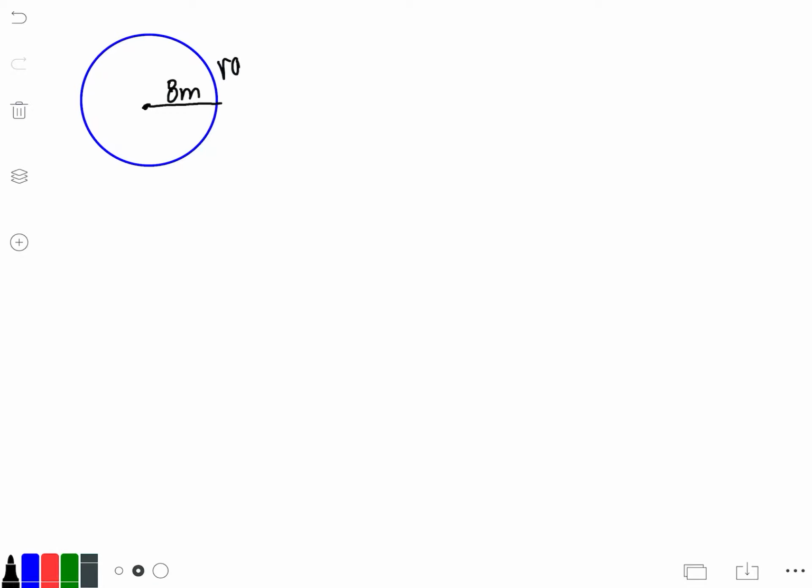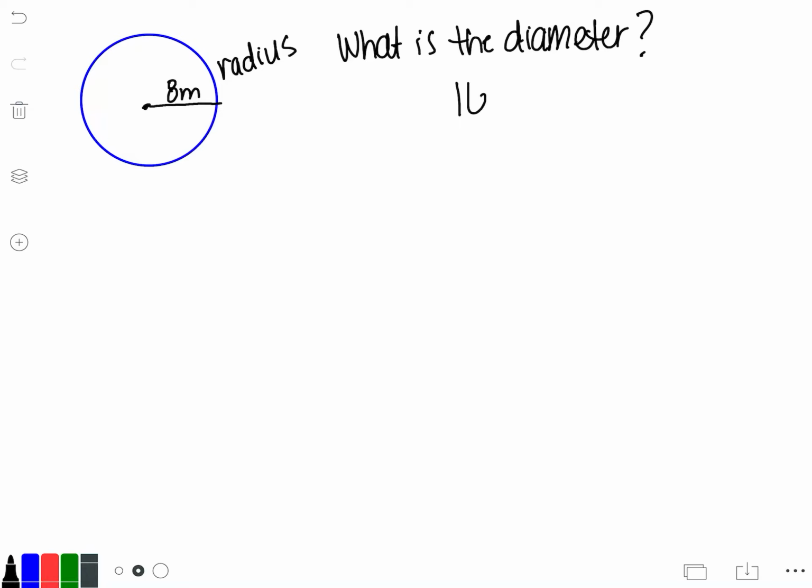This would be the radius because it's halfway across. And so if the question said, what is the diameter? You would tell me that the diameter is 16 meters. So you basically just double the radius.